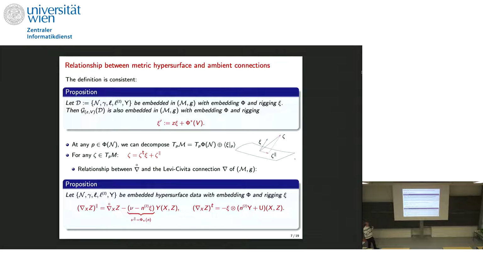But the tangential part, which depends on the rigging, of course, because if I take another rigging the tangential part will also change, decomposes with this nabla zero connection, and everything else is related to the extrinsic information Y. So nabla zero is the parallel part of the ambient connection when you drop the Y dependence on it. And that's why it depends only on the metric part of the data. So that's the interpretation for this nabla zero connection.